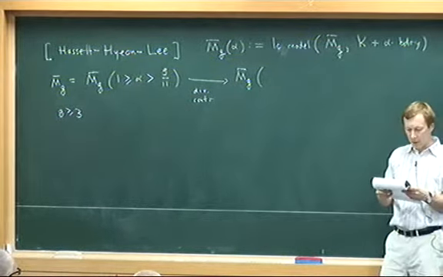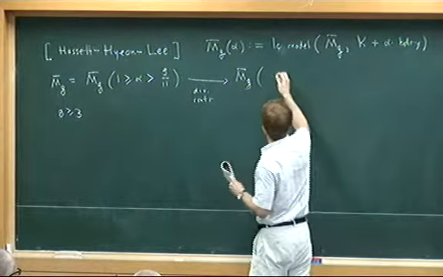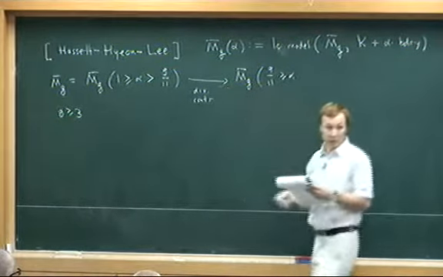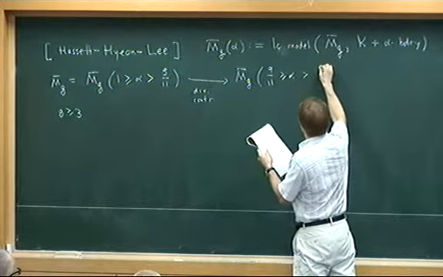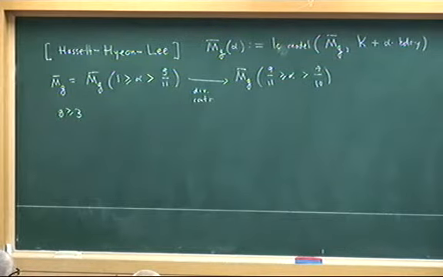So I'm telling you the answer contained in those works. At 9/11 something happens, and there is a divisorial contraction. Between 9/11 and 7 over 10, this space stays constant.